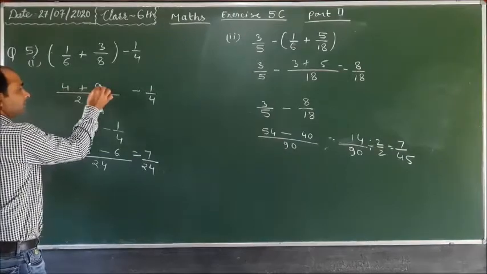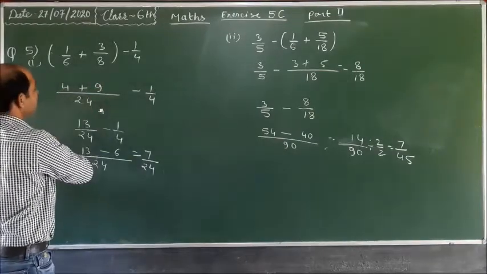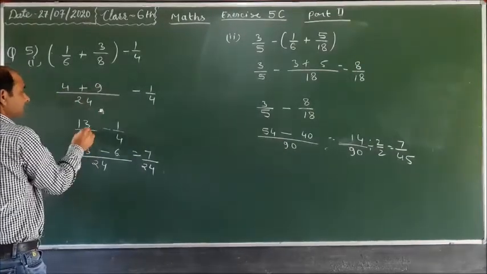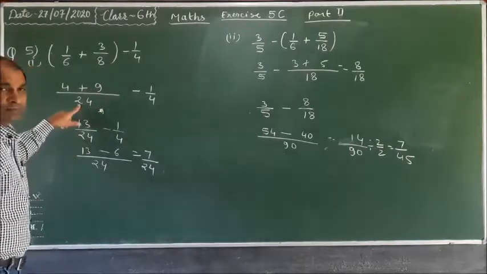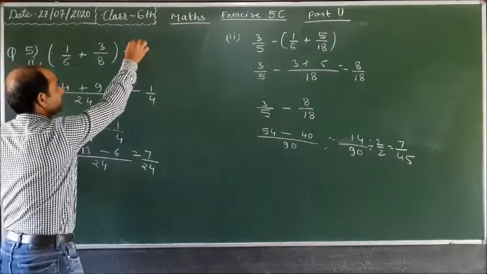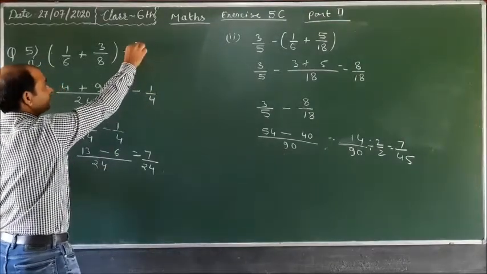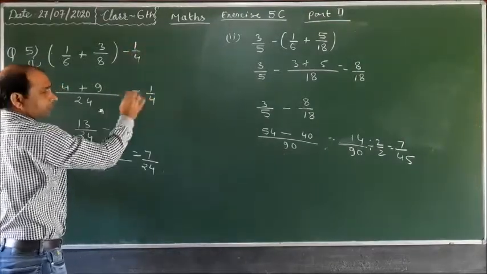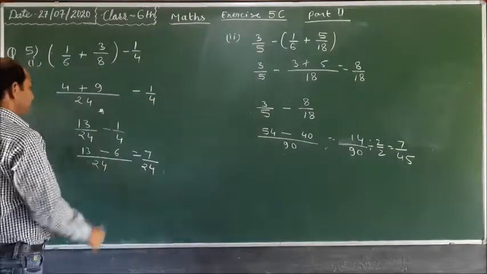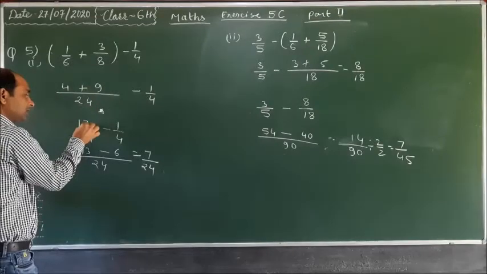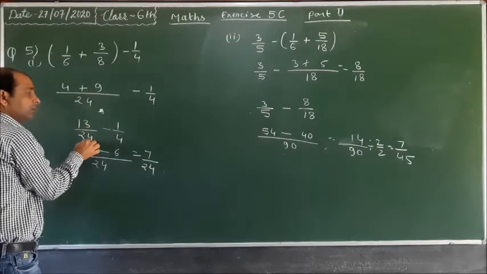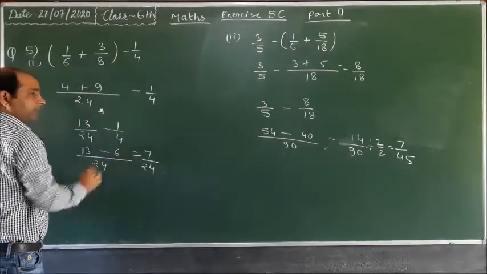Now 4 plus 9 equals 13 upon 24. The 1 upon 4 comes down on the same line, so now we have 13 upon 24 minus 1 upon 4.